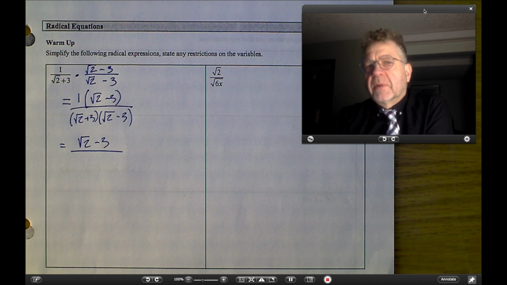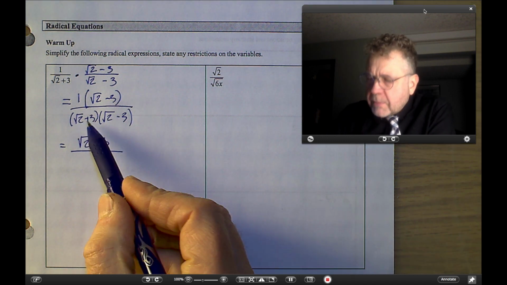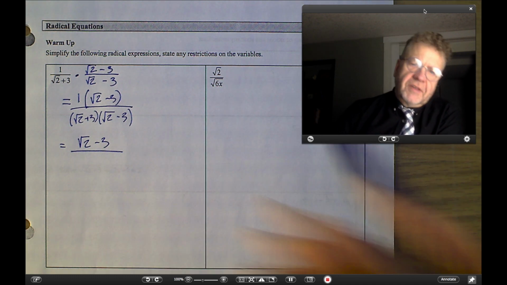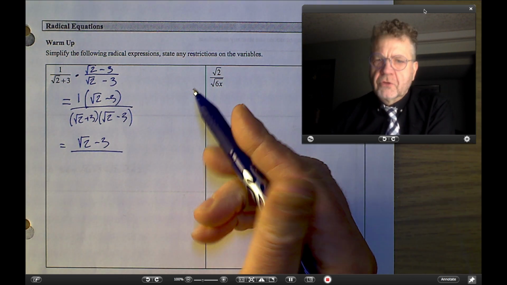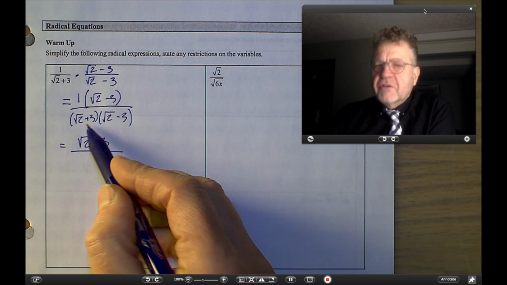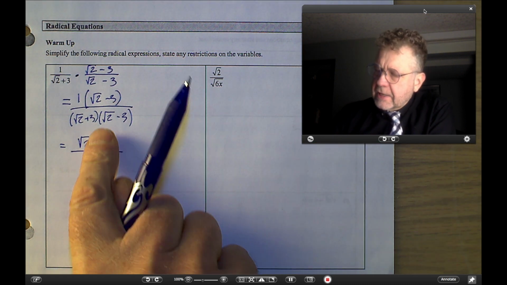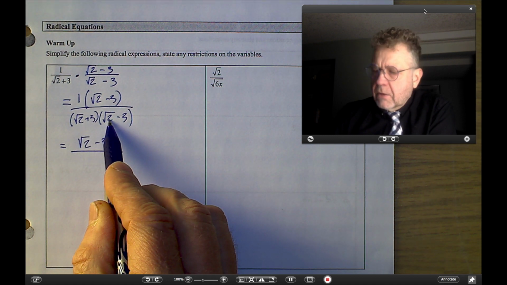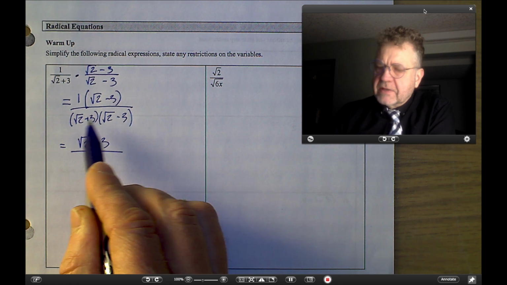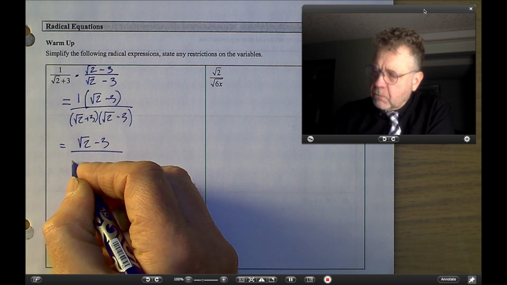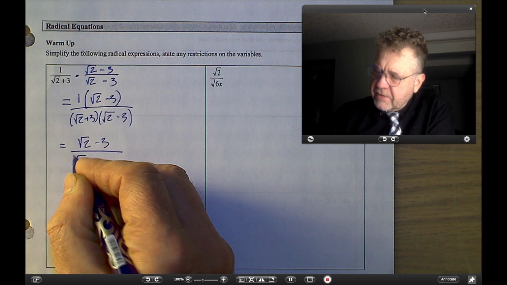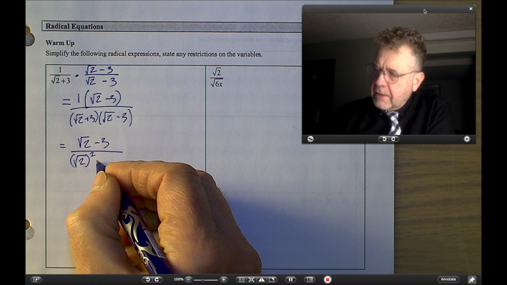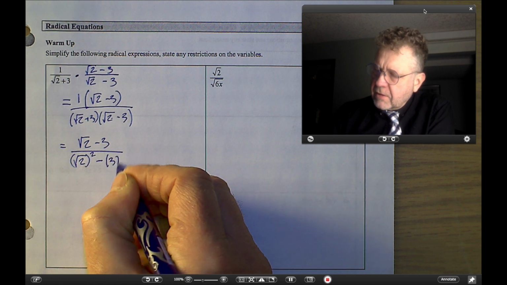And the bottom, because you're multiplying by the conjugate, normally when you multiply binomials by each other, there are 4 multiplications. We can simplify into 2 products or 2 partial products. Because you're multiplying by the conjugate, the 3 times root 2 will subtract out from the negative 3 times root 2. So all we're really worried about is the root 2 squared, this times this, and the minus 3 squared.